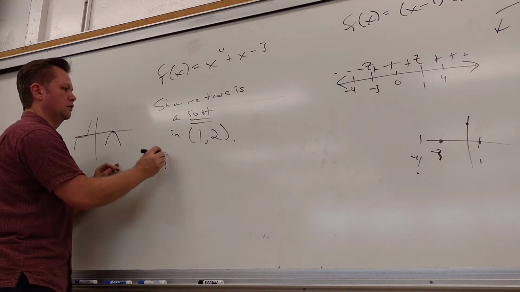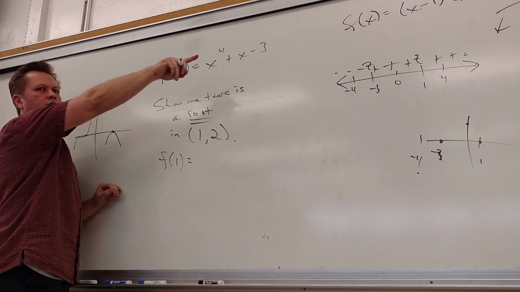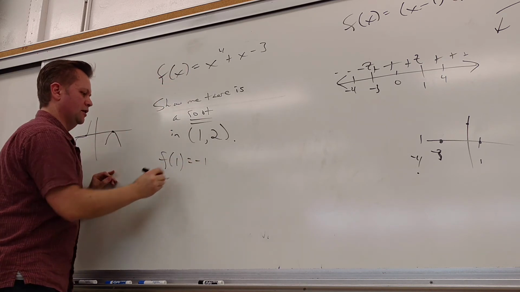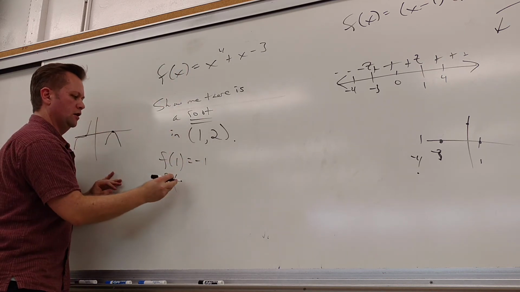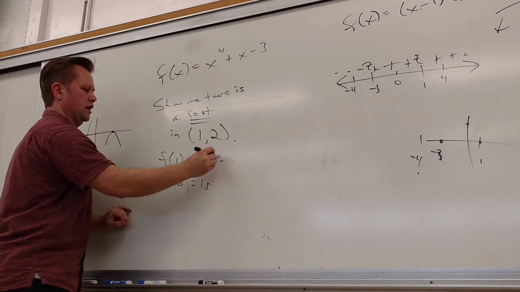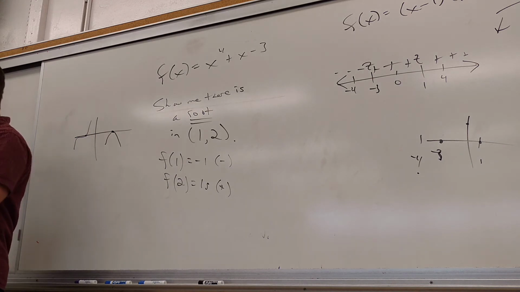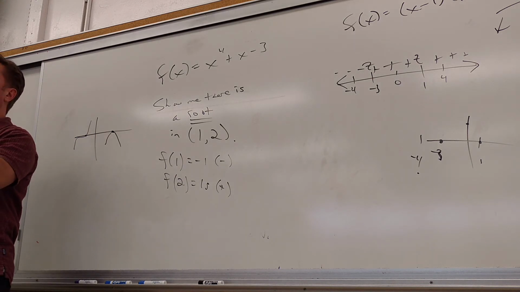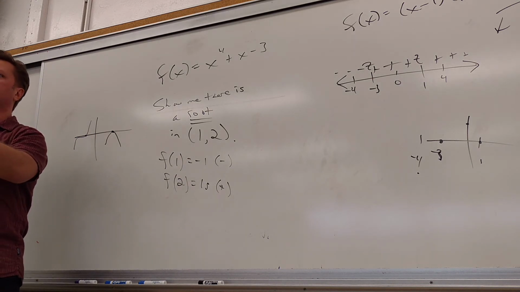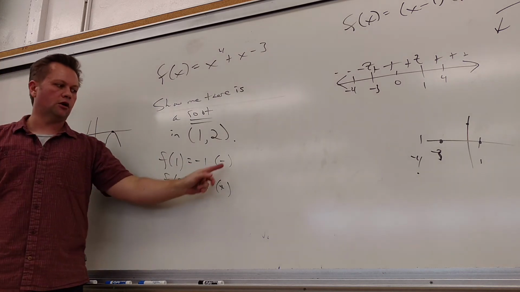So what is f of 1? 1 plus 1 minus 3. What's f of 2? So it's negative here and it's positive there. Therefore, because of the intermediate value theorem, somewhere between 1 and 2 there must be a place where the function has an output of 0.